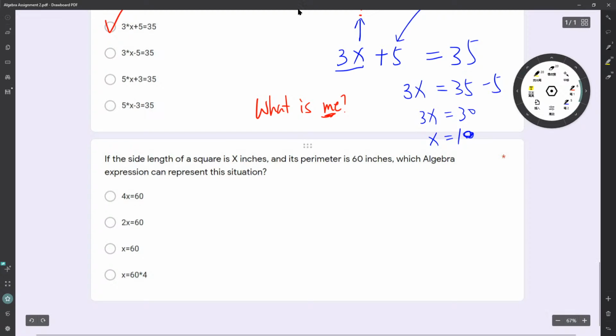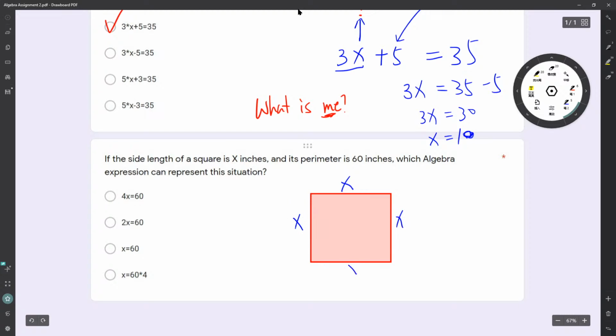Okay, last question. If the side length of a square is x inches and its perimeter is 60 inches, which algebraic expression can represent this situation? We're dealing with a square. Let's draw a square. If the side length is x inches, since this is a square, this is x, this is x, this is x, and this is x.